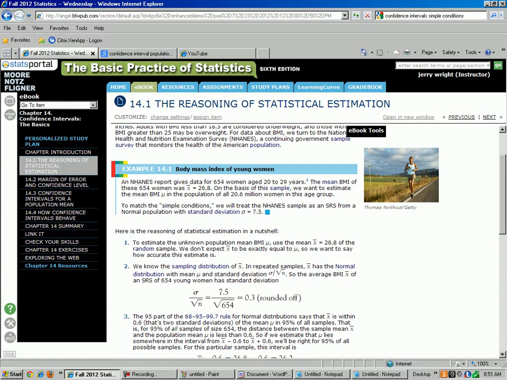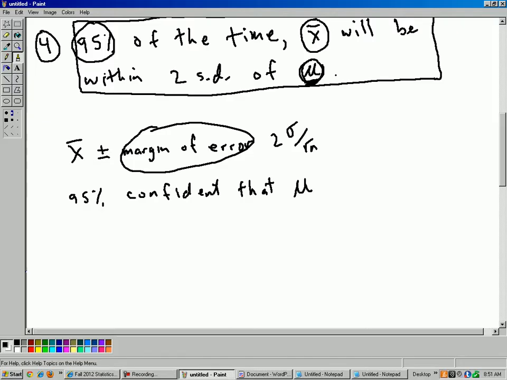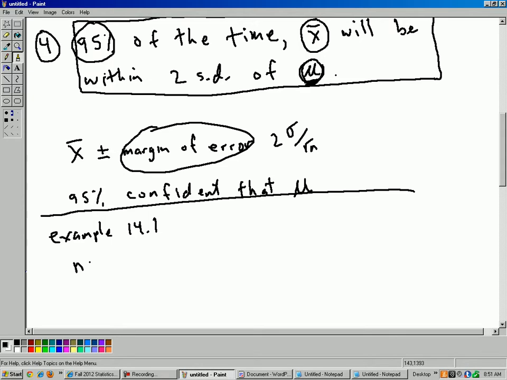All right, so let's go back to our main screen here. So n, the sample size of this sample, is 654 women.